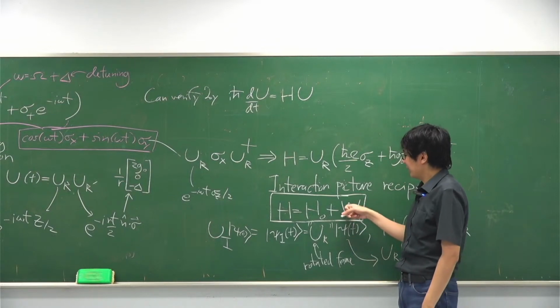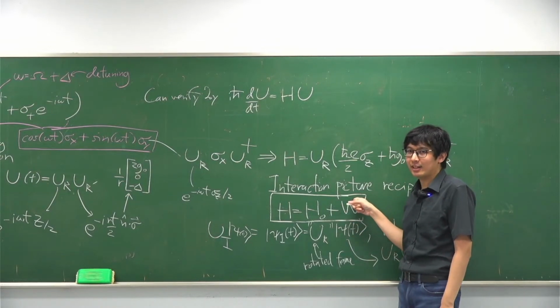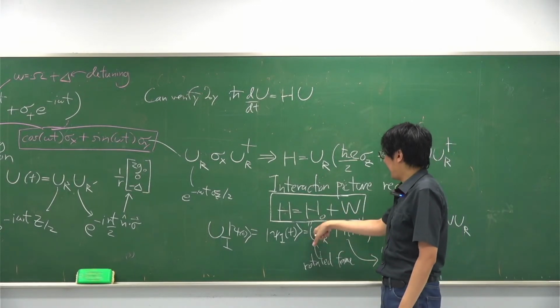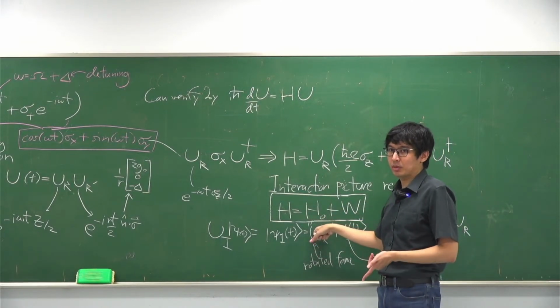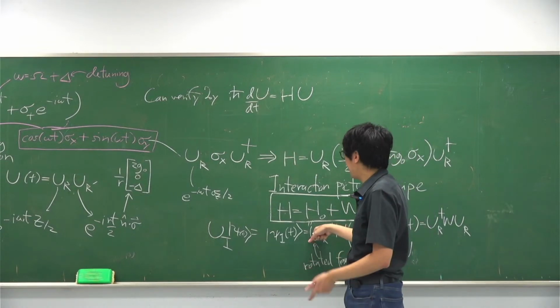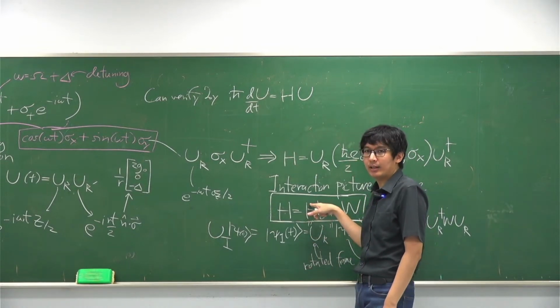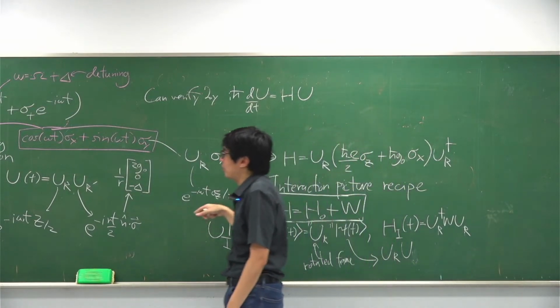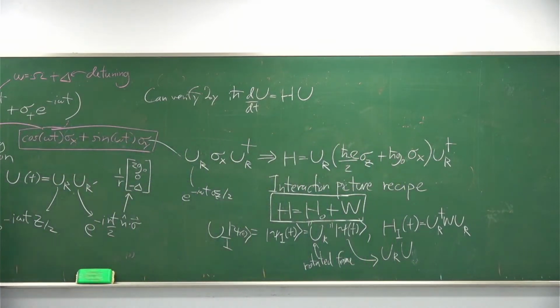Okay, maybe the perturbation, and you will define this unitary that brings you to the interaction picture by exponentiating this guy, which in this case suggests that U_R would just be a rotation according to this Hamiltonian, although that's not the most convenient thing to do here.